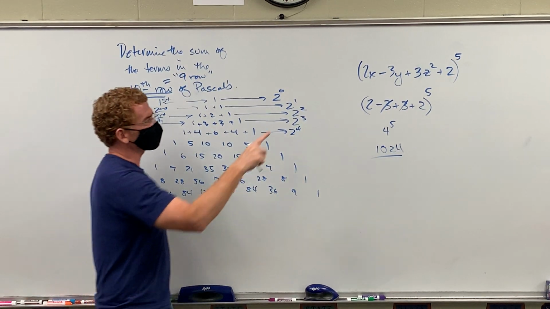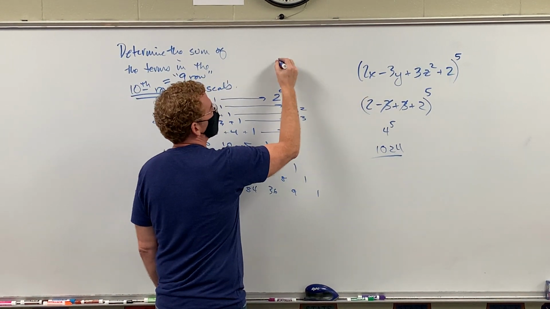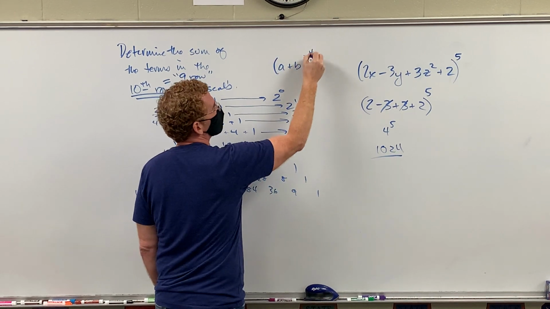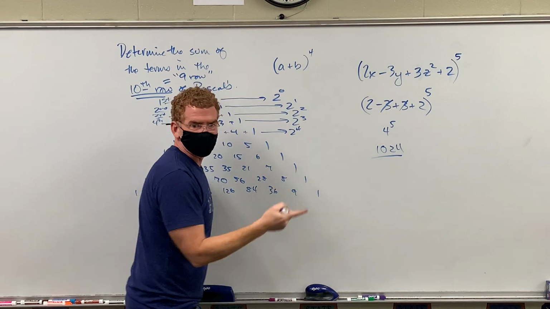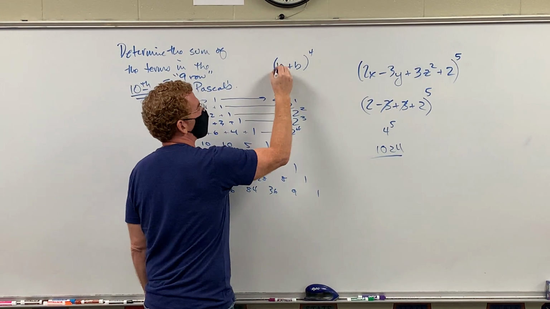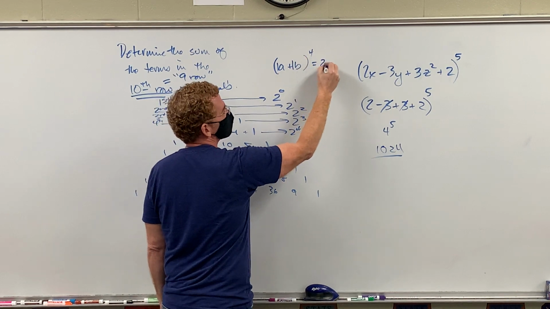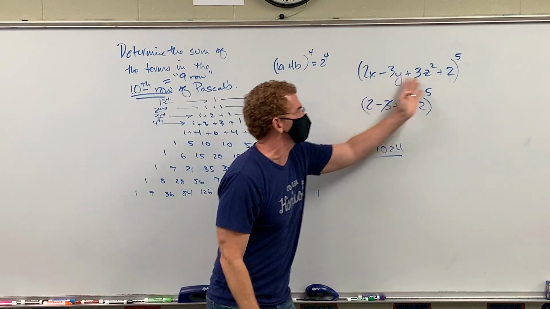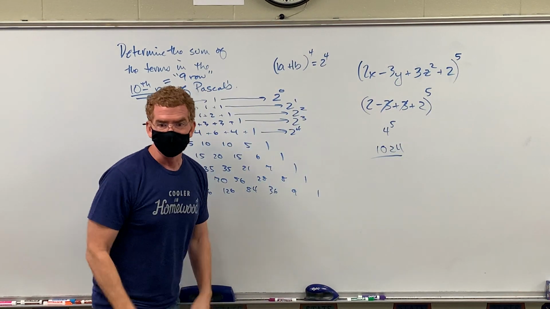And if you refer back to what we did here, if you think about it, A plus B to the 4th power, what are the sum of the terms in the expansion? 1, 4, 6, 4, 1, but isn't that 1 plus 1 to the 4th? But you can not only extend it with binomials, you can extend it to anything. You just have to be careful.